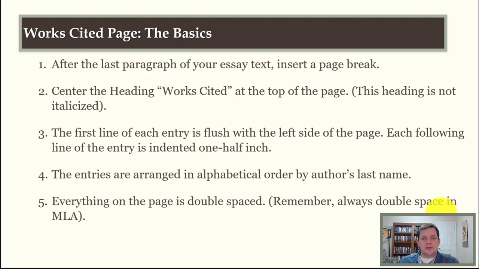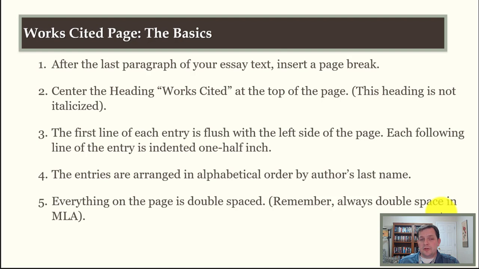Usually the arrangement does not include parts of the titles that are articles, so the, an, or a are not included in the alphabetization. So you want to keep that in mind. They must be in alphabetical order.